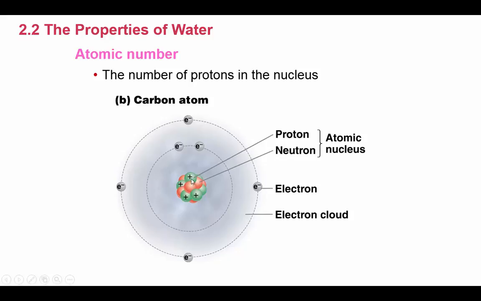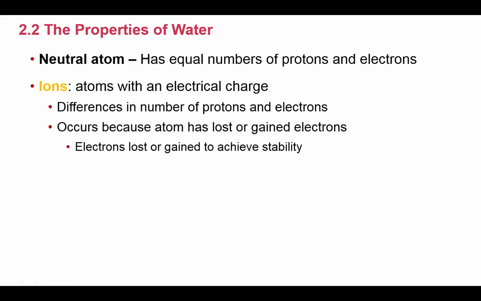Now, one of the things that we wanted to address is the topic called an ion, because the rest of the semester we're going to be dealing with ions. If you take anatomy in the future, you're going to hear a lot about ions. So before we establish what an ion is, we need to establish what a neutral atom is. For all of the atoms that we deal with in life sciences, most of them are going to be considered neutral.